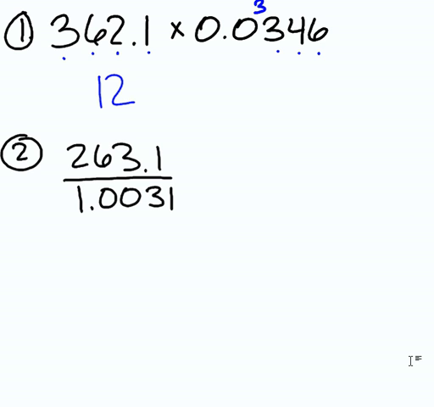My answer is 12.526. Looking at that, with 3 sig figs, I don't really need to know about this last number right here, but the number right here becomes important because it's going to determine how I round to the nearest sig fig.